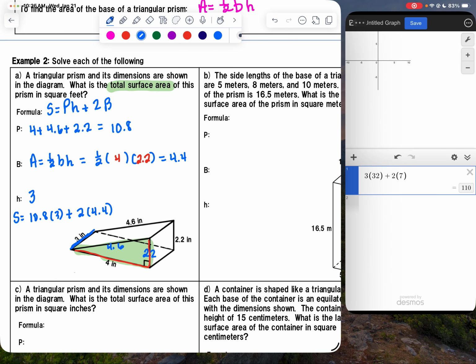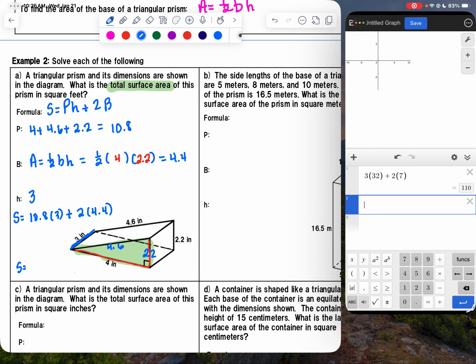Now, from here, I usually just put this all in my calculator at one time. So 10.8 times 3 plus 2 times 4.4. 41.2 square inches.